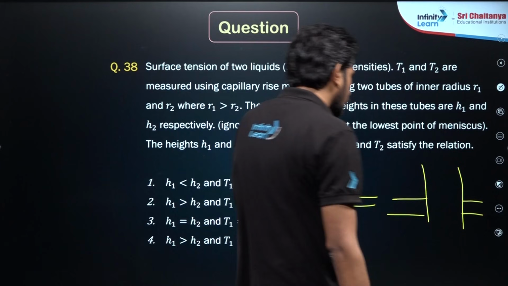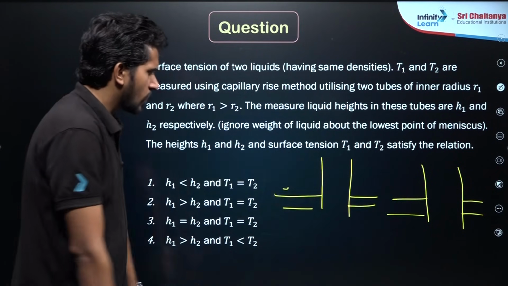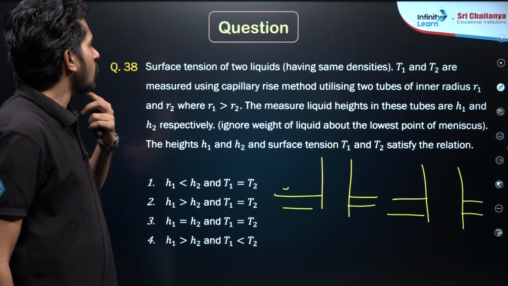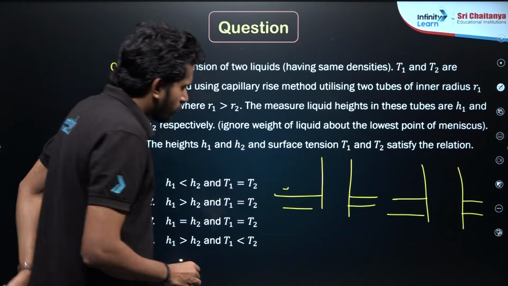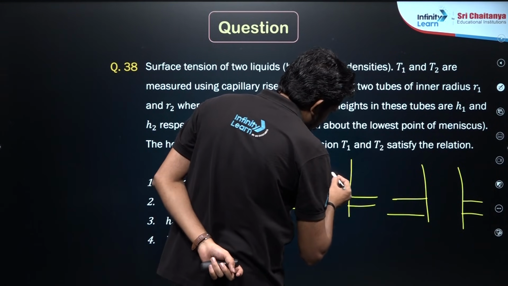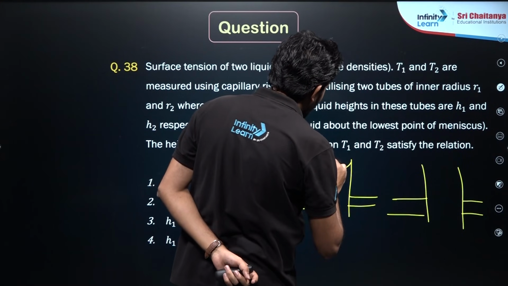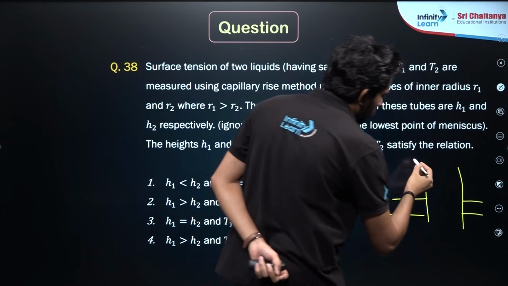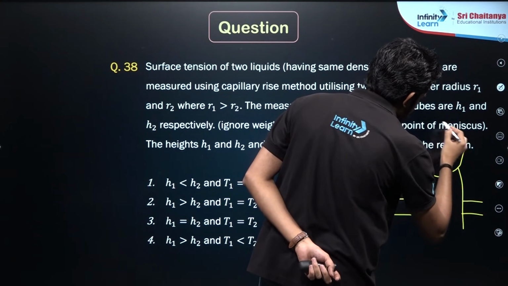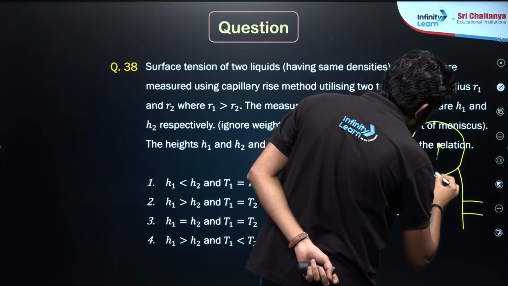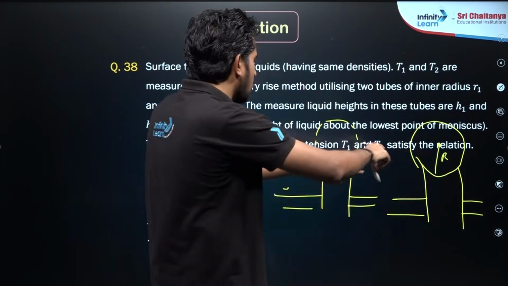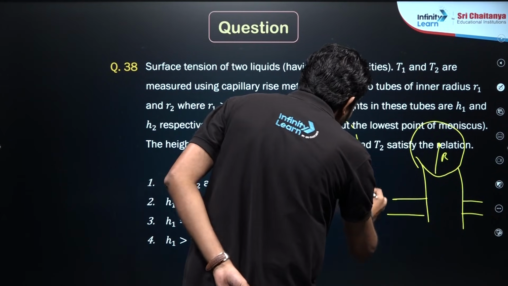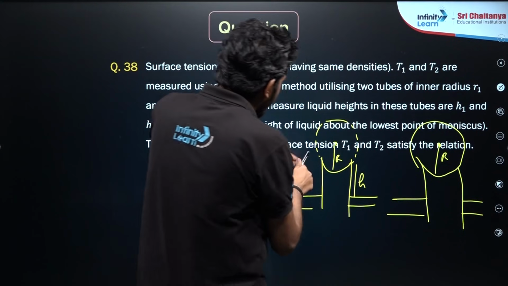Let's say those liquids are different, not the same liquid. Then measured using the capillary rise method. So you know, liquid will rise here, and let's say its radius is r. We are calculating for any r and height h. The rise is h.